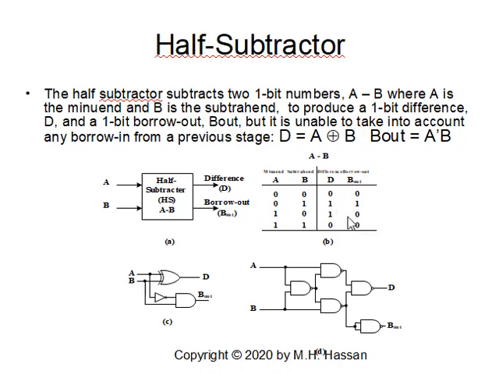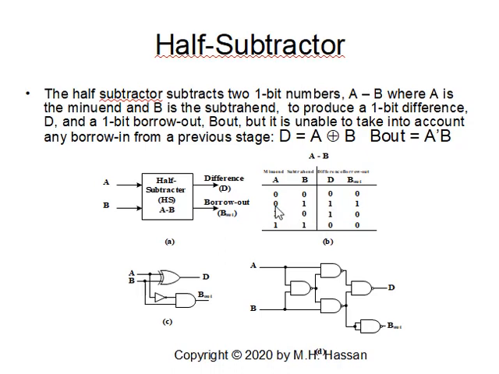From the truth table, we can find the switching equations for d and b out. Clearly, d will be a prime b or a b prime, because it is really minterm 1 or minterm 2, since I have 1 here and 1 here.